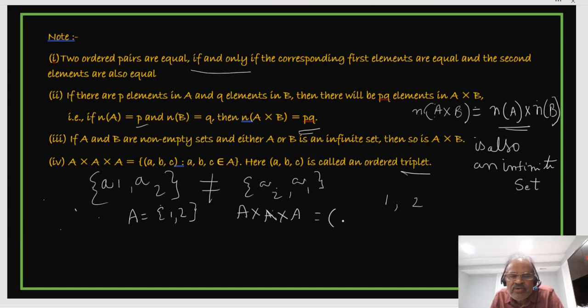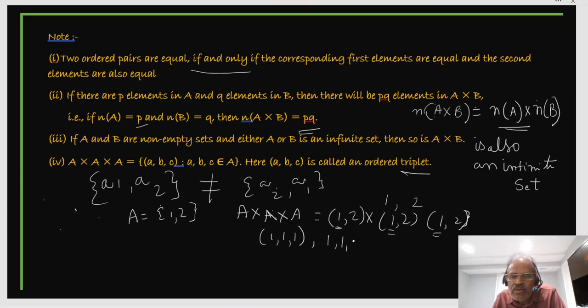See, suppose we take {1, 2} into {1, 2} into {1, 2}. First we'll take 1, 1 and 1. So this is the first element, (1, 1, 1). Next what? (1, 1, 2).